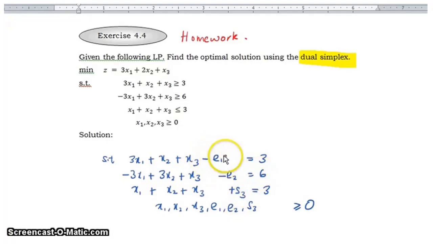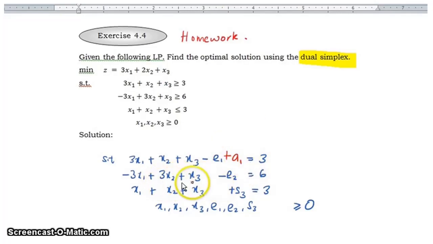E1 is not the basic variable for constraint 1 because the coefficient of this variable is negative 1. Therefore, we need to add an artificial variable A1 to this constraint so that this variable can be the basic variable in constraint 1.